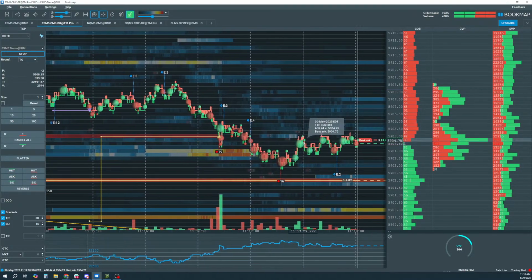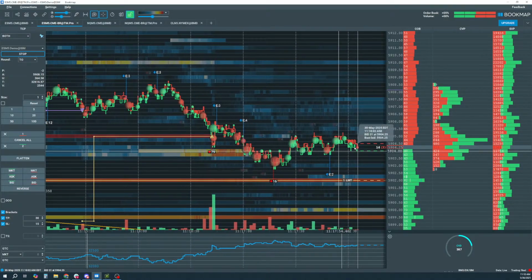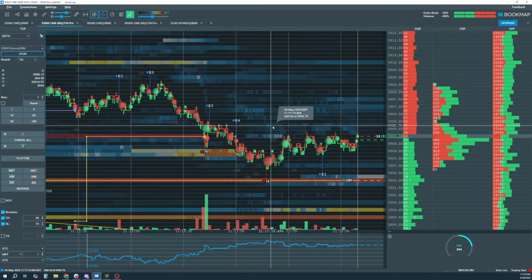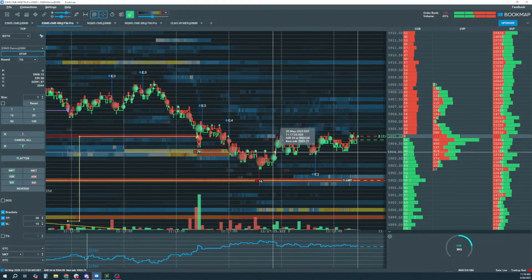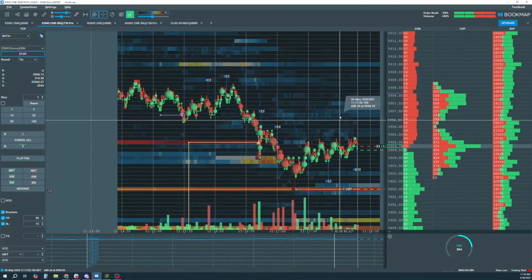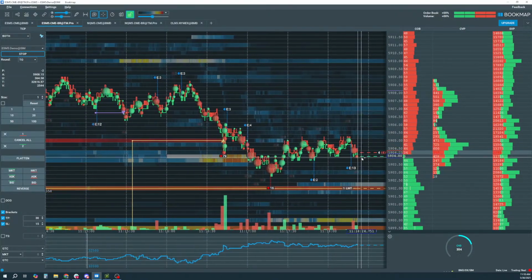Just mediocre or meager buying, and no one's interested in really buying. That's why we look for that low volume pullback in a trend. So we get our move, low volume pullback, and then sellers come back in and buyers step aside. They're not interested.